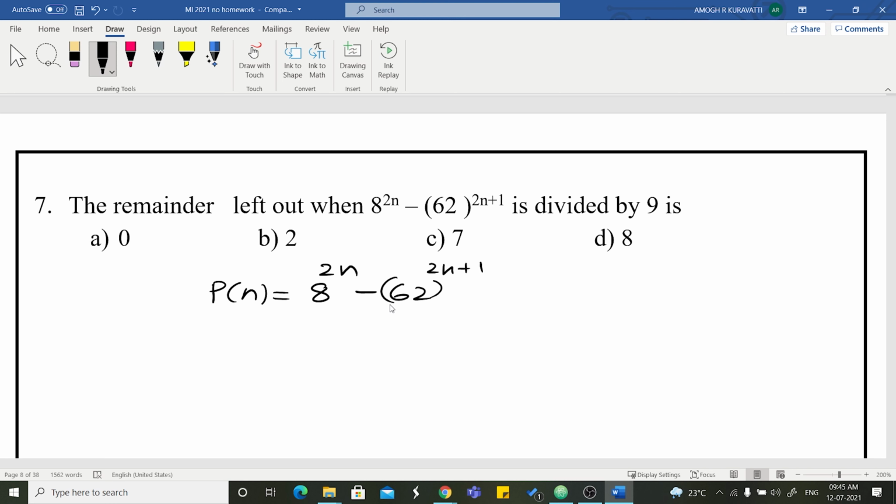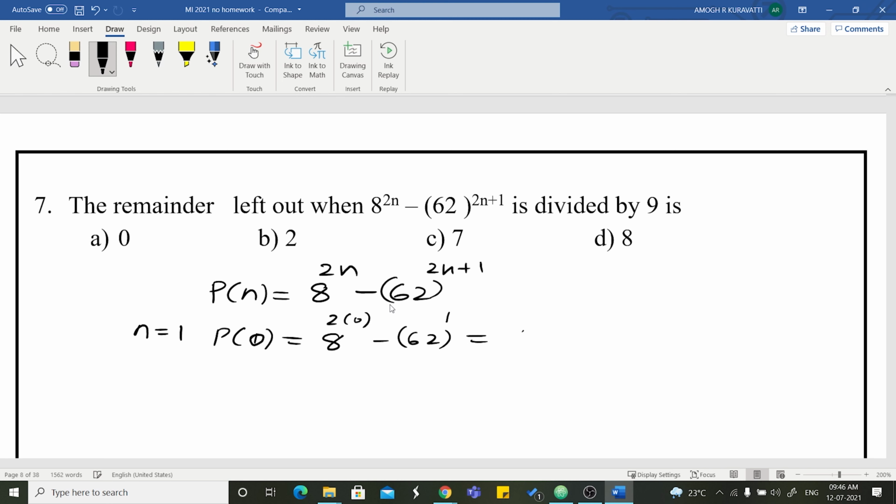How to solve? If you take the trial and error method, take n is equal to 1 and see what happens. Or take n is equal to 0, which is easier for us. 8 power 2 into 0 minus 62 to the power 0 plus 1.